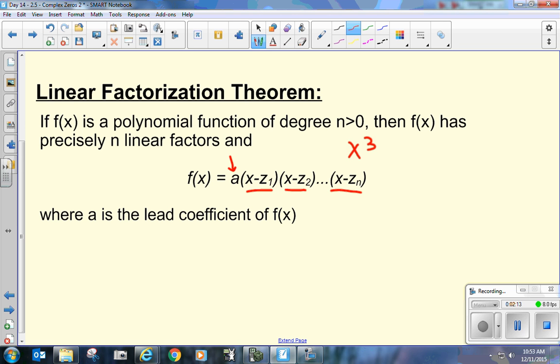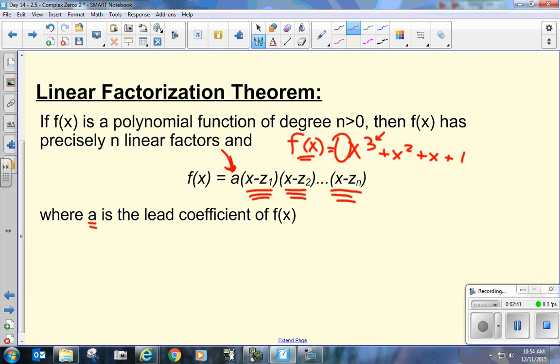After I get all my parentheses and factors there, a is the lead coefficient of whatever f of x is. So if I have f of x here, and it ends up being x cubed plus x squared plus x plus 1, I should have 3 linear factors: 1, 2, 3. And the lead coefficient of f of x is what we put right here.